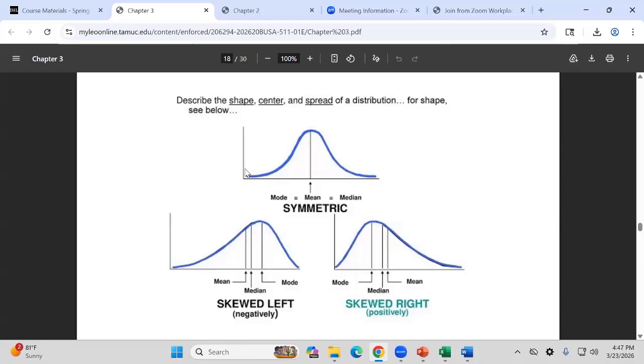What does the y-axis represent? The frequency of each value in the data set. The taller the vertical line is, the higher the frequency of that value in that data set. So if you know the frequency, if you know the value, can you estimate the probability of that value appearing in your data set? Can you?